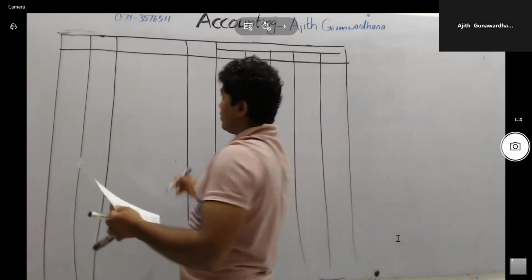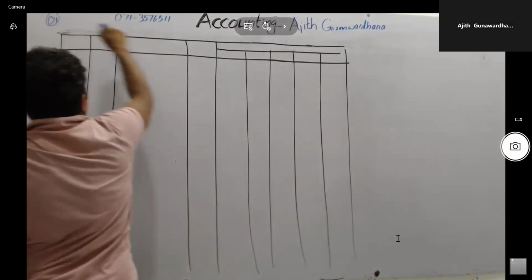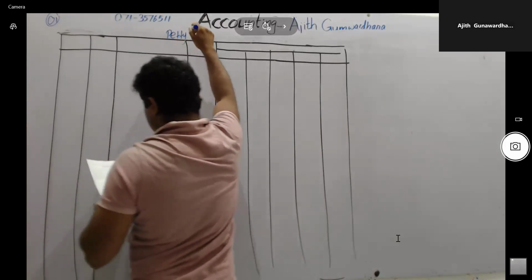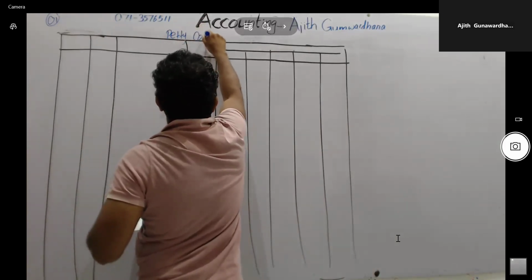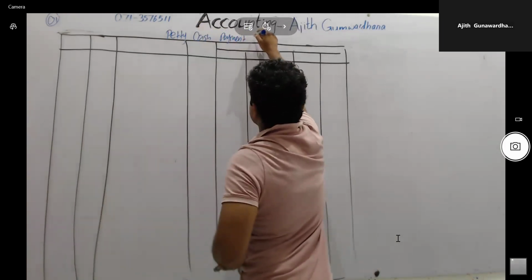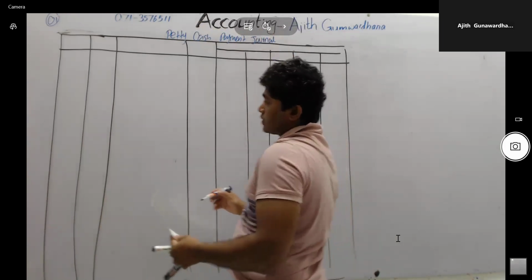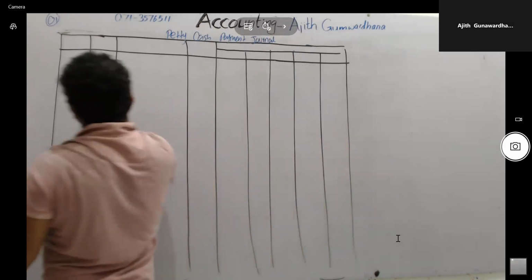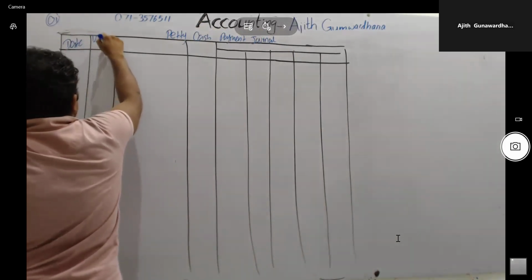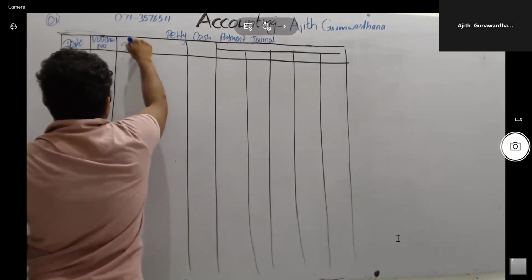Now I'm going to discuss question number one. Here, the petty cash payment journal. Separate column for date, here date and voucher number. Here description.